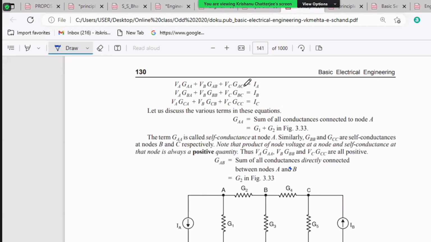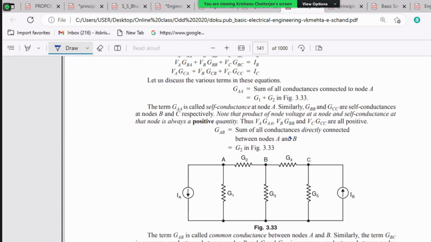VC, GAC. There is no such conductance connected between A and C directly, right? Is there any conductance? It is zero. So no question of having this term in the first equation. Is this clear? Understood?